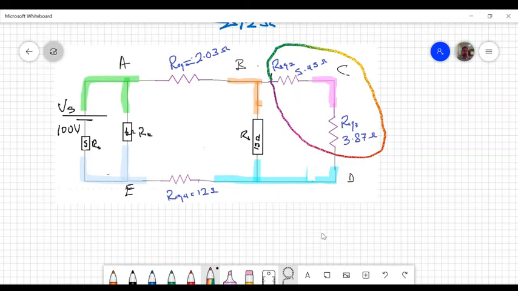So we have to reduce the circuit once again. We'll combine 5.45 with 3.87 to make it into a single resistor, reducing that circuit. And we re-examine and see what's in series, what's in parallel.